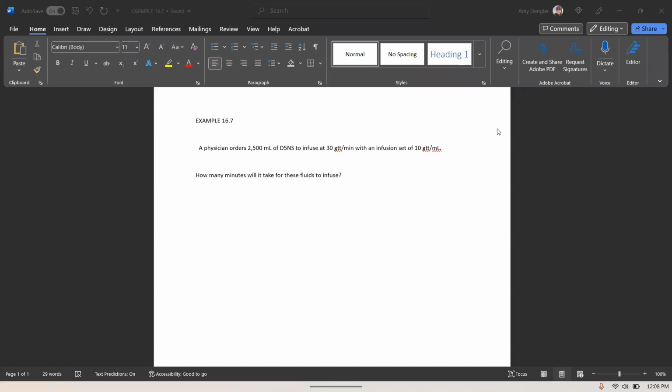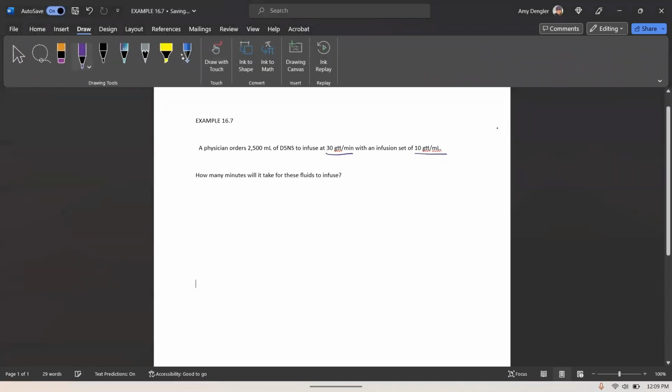Example 16.7, a physician orders 2,500 ml of D5NS to infuse at 30 drops per minute with an infusion set of 10 drops per ml. How many minutes will it take for these fluids to infuse? So again, we're going to do two different proportions. First I'm going to start with my 10 drops per ml. This is pretty much going to be exactly like the previous problem.